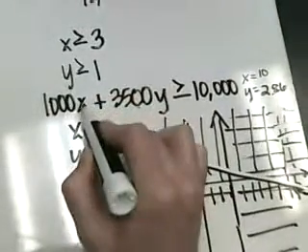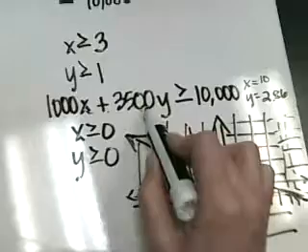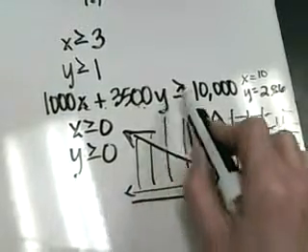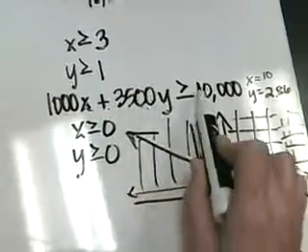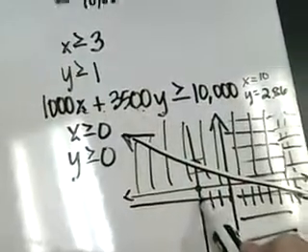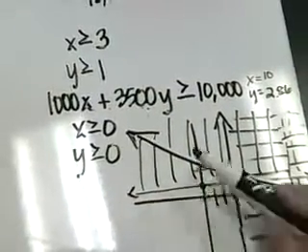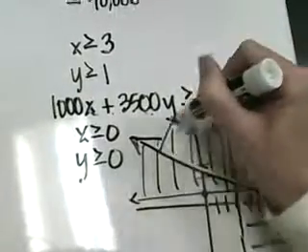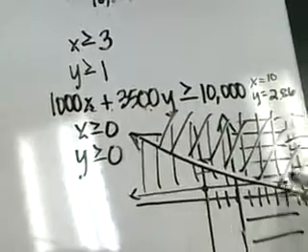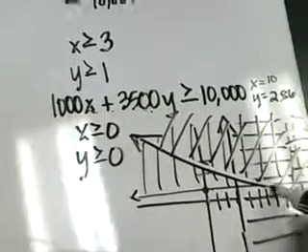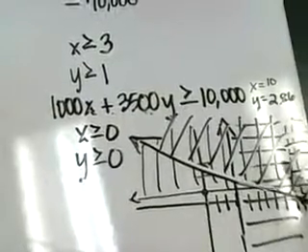Is 1,000 times 0 plus 3,500 times 0 greater than or equal to 10,000? So you know this is all going to be 0. Is 0 greater than or equal to 10,000? No, it is not. He did not work, so I'm going to shade the other side. You can see your shaded region forming right here between this horizontal, this line, and this vertical.